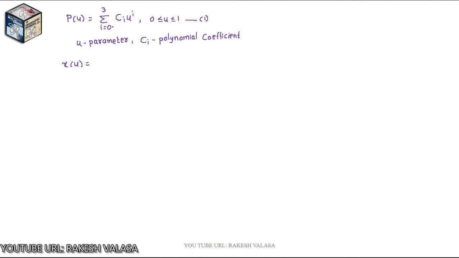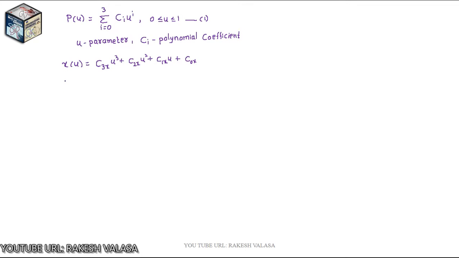Next substitute i equal 1, C1x u power 1 plus C2x u power 2 plus C3x u power 3. Now first I am taking i equal to 3, that is C3x u cube plus, next i equal to 2, that is C2x u square plus C1x u plus C0x.